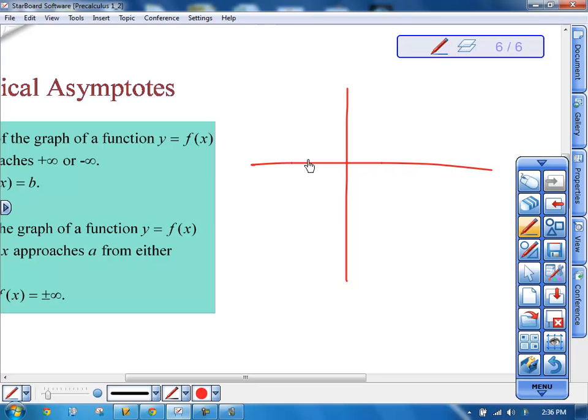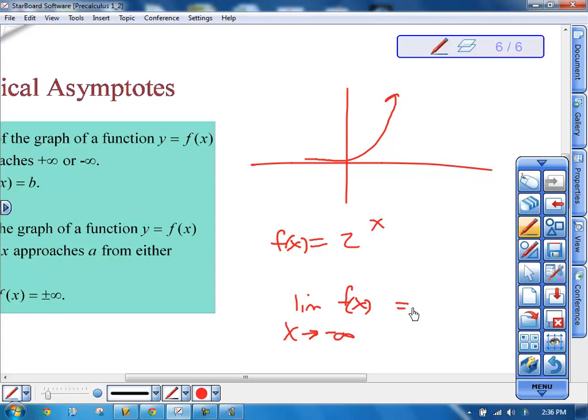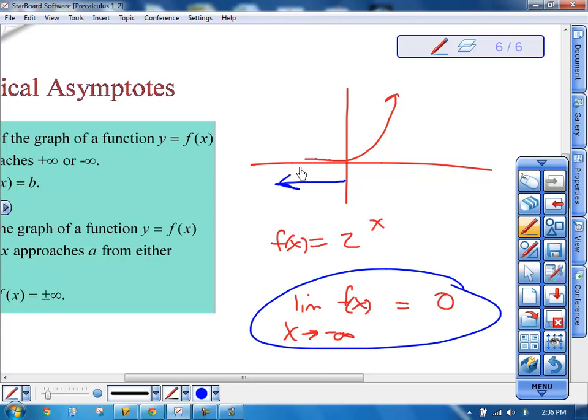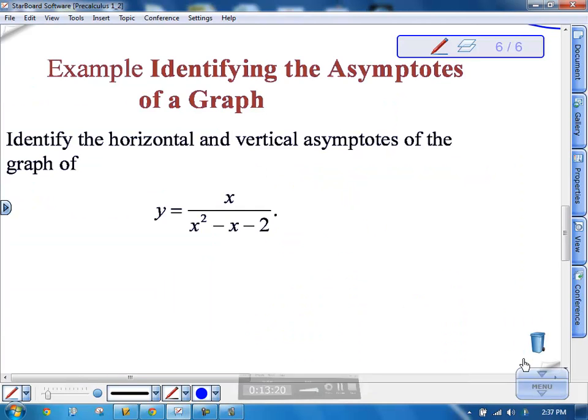If you have a graph that goes like this, an exponential function like y equals 2 to the x, then the limit of this function, I'll call it f of x, as x approaches negative infinity is 0. What that means is, as we go towards negative infinity with our x values, the function approaches 0. That's exactly what this function does.